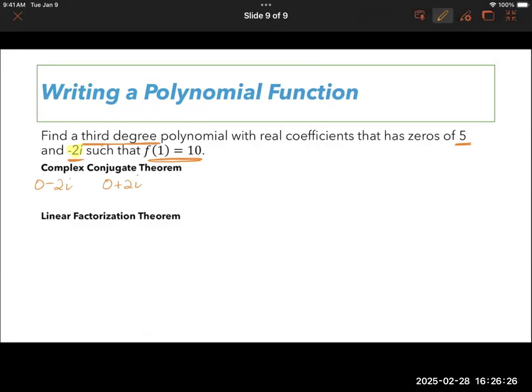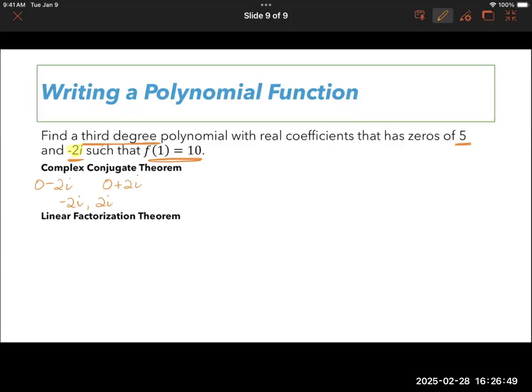So with this 3rd degree polynomial, I should be looking at 3 roots. They technically only gave me 2, but the complex conjugate helps me to figure out what that 3rd one should be. So -2i and +2i are both going to be zeros for this polynomial.